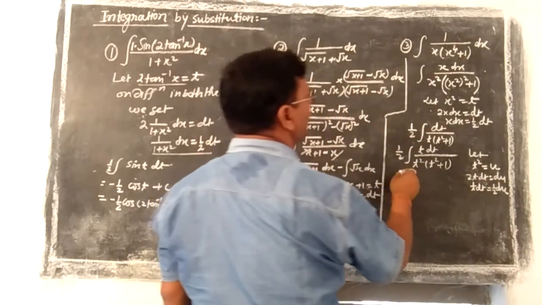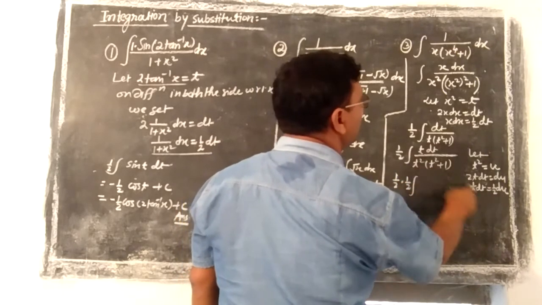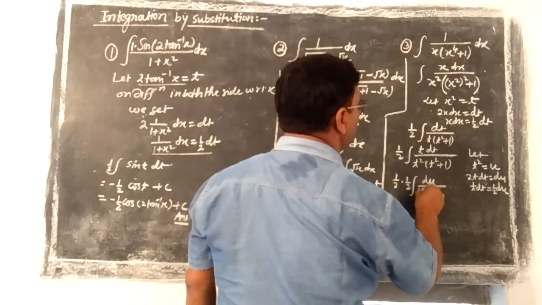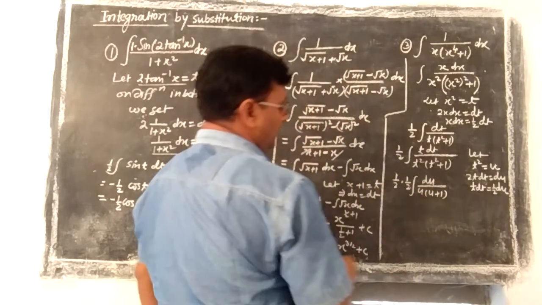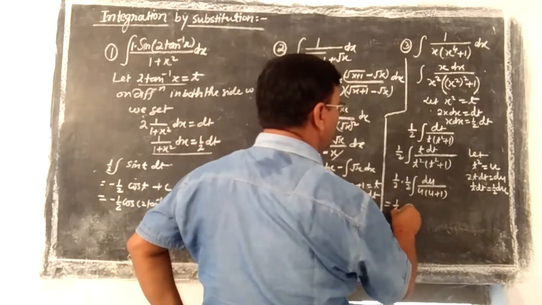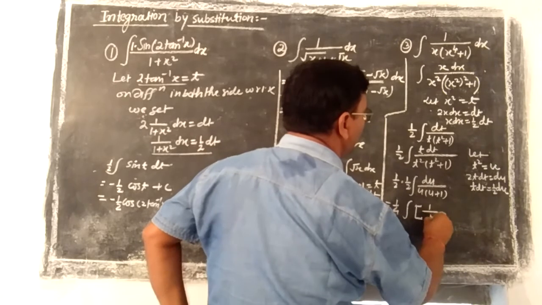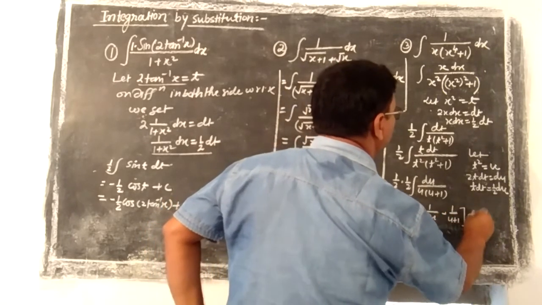Therefore the question will be transformed like 1 by 2 into 1 by 2 du upon u into u plus 1. Now it will be 1 by 4. Now we will get 1 upon u minus 1 upon u plus 1 du.